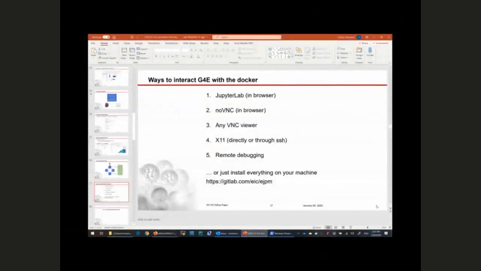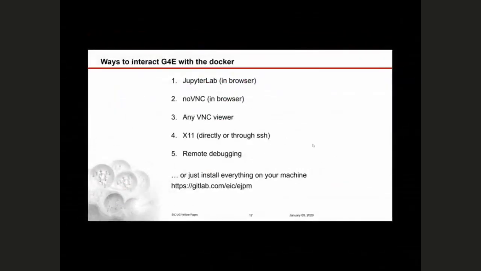So let me go back a little bit to the presentation. Now we are working in this browser, which is pretty good for a tutorial and maybe good if you are doing something remotely. But there are at least five ways you can interact with this Docker image. It's JupyterLab, it's noVNC. You can run any VNC player, whatever you like.